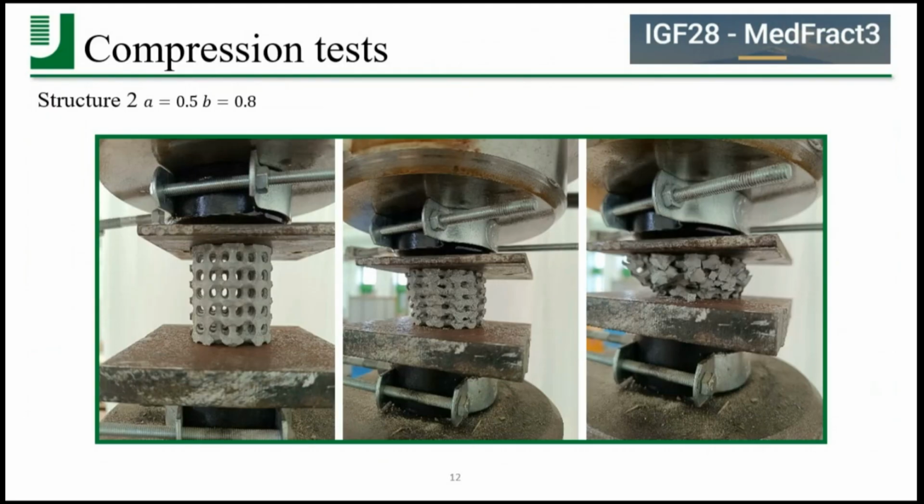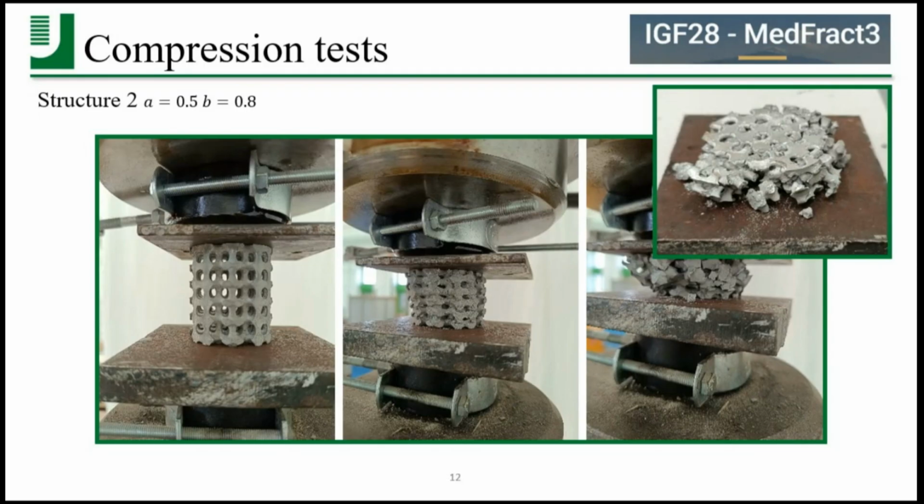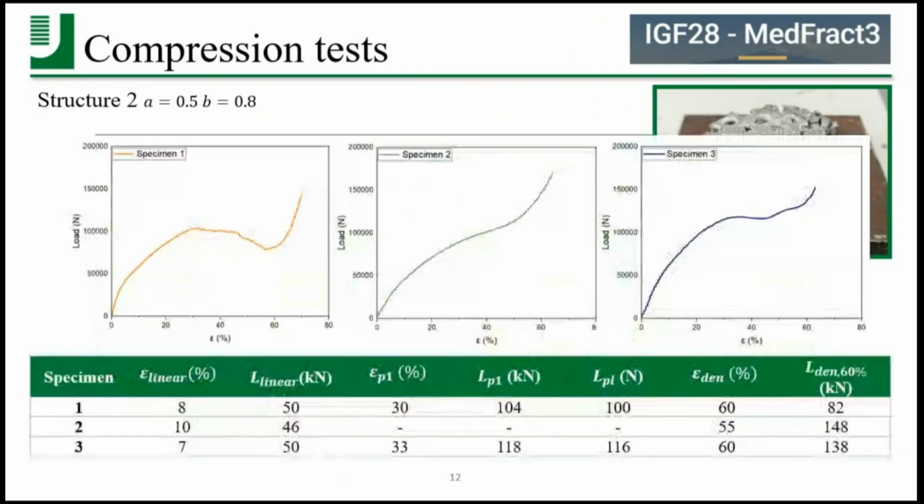Also for structure 2, these are the different steps of the compression test and the final structure after the test. Also in this case, we have a typical mechanical behavior of cellular structures, without load fluctuation during the plateau phase.